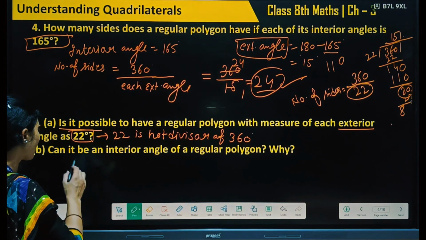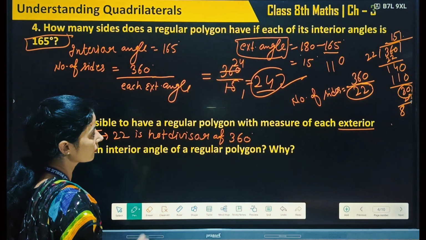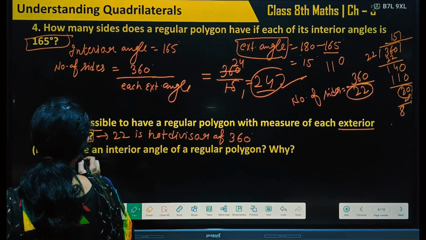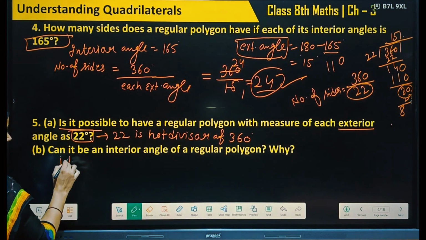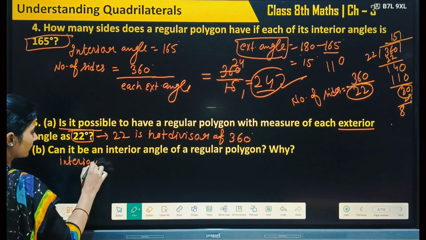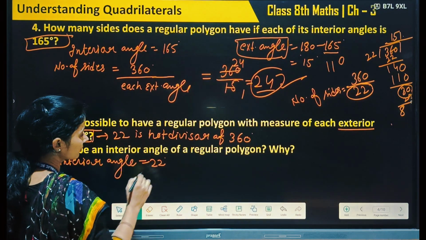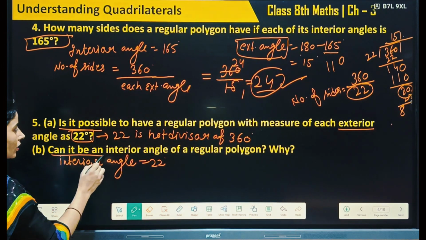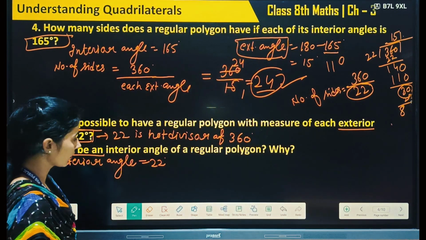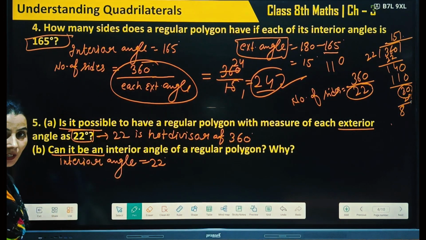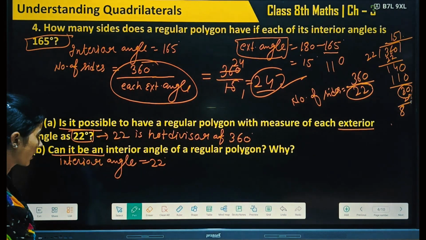Okay, next. Can it be an interior angle of a regular polygon, and why? Now this time we want to check whether this 22 can be an interior angle. Interior angle is 22 degree. Our formula is 360 degree upon each exterior angle, so we need to find the exterior angle.